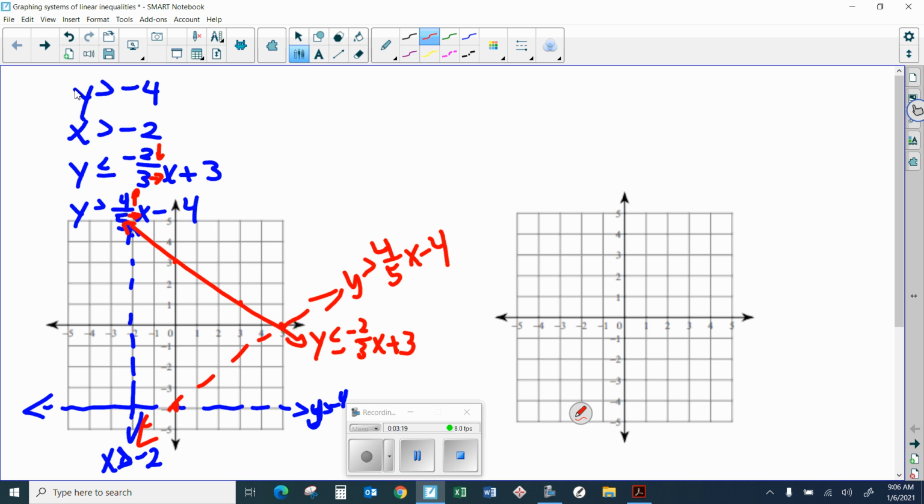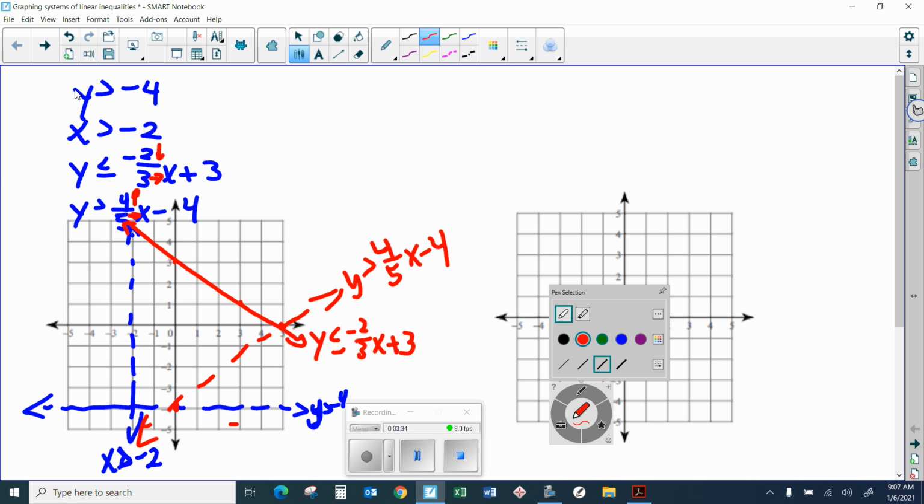Okay. So now, shading all this, finding the actual region. It has to be greater than -4, so it has to be up here. So it wipes out the bottom down below this. Okay, change the color. So now we're talking up here in this region, above the line y equals -4.